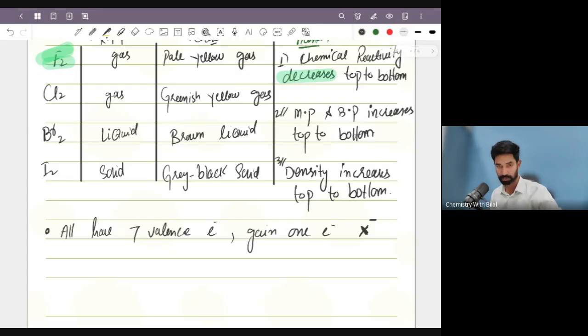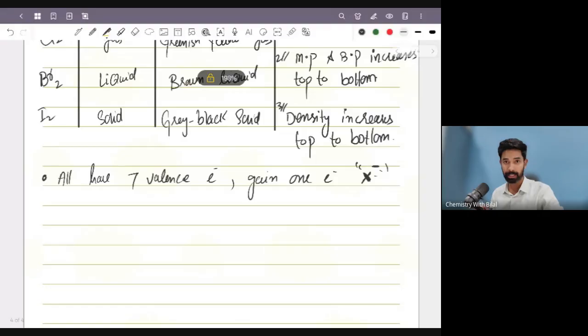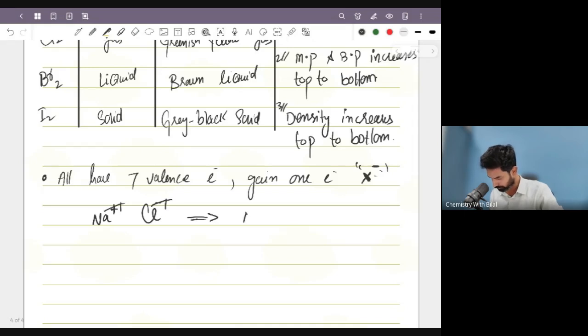For example, fluoride F -1, chlorine Cl -1, Br -1, and I -1. Makes sense, everyone? But I mentioned the reactivity decreases. They react with group 1 elements. For example, sodium is in group 1, it loses 1 electron. Cl is in group 7, it gains. So they react with group 1 elements and form ionic compounds. For example, sodium chloride is the perfect and the most common ionic compound that we have.